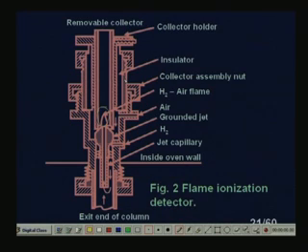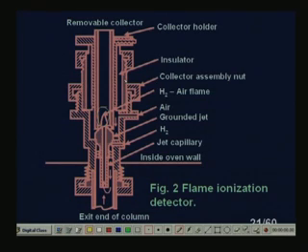The current flow across the external resistor is sensed as the voltage drop, and is amplified and displayed on a recorder. Now, hydrocarbon groups are introduced into the flame, and a complex process takes place in which positively charged carbon species and electrons are formed. Now, the current is greatly increased.